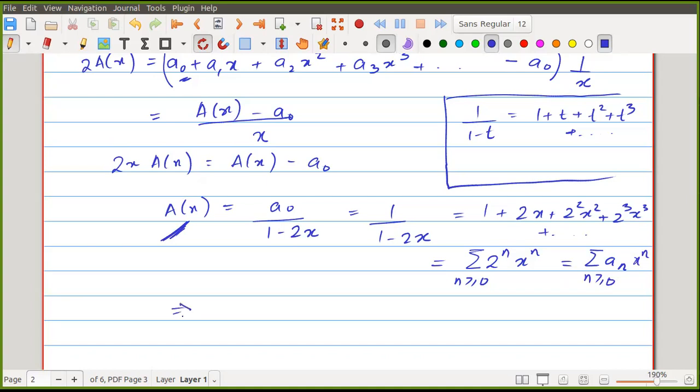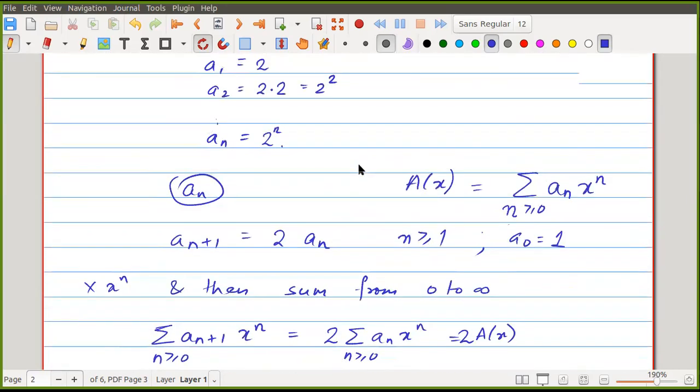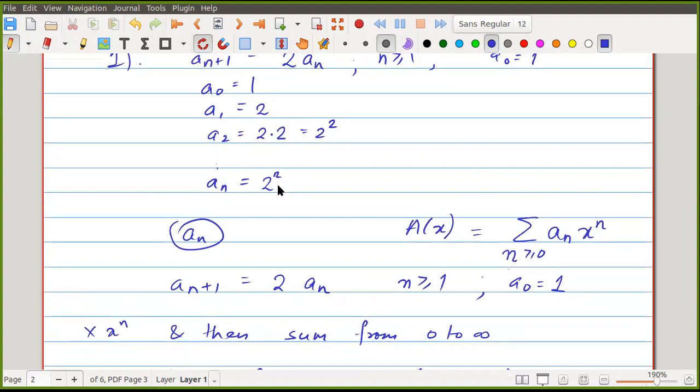So comparing these two, what I get is that an is 2 raised to n for n greater than or equal to 0. Correct? So this is the final answer. Does this match with what we had guessed earlier? Yes, it does. Okay, so far so good.